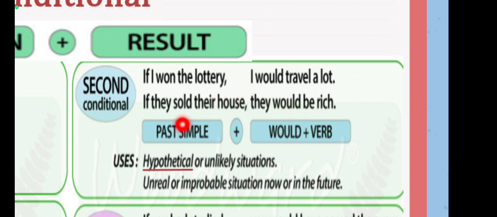It is not correct saying they would sold their house if they were rich. Okay, this is not correct. You cannot mix them. Past simple, always with the if clause. If, past simple. And would plus verb always in the result clause.